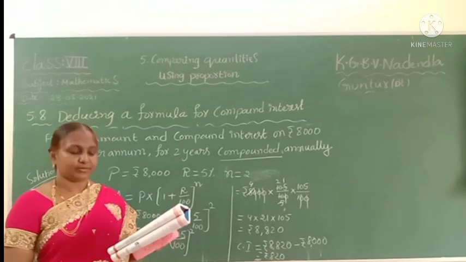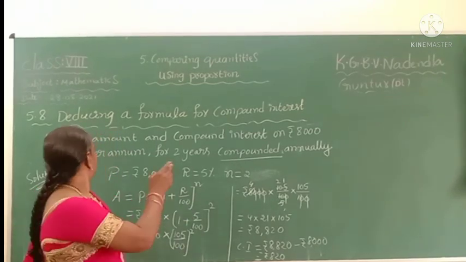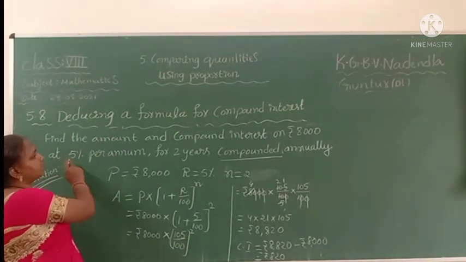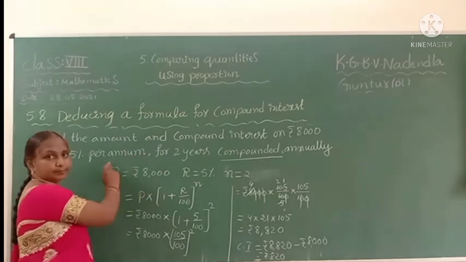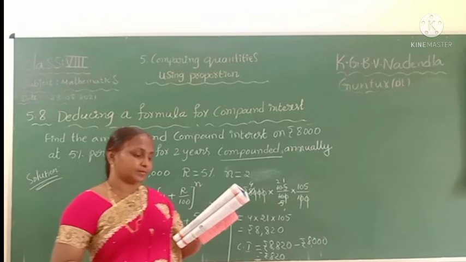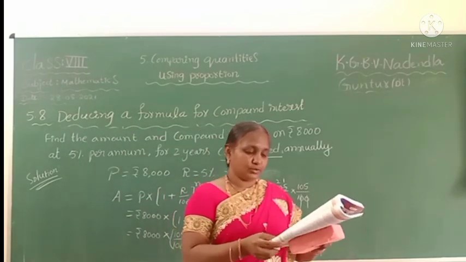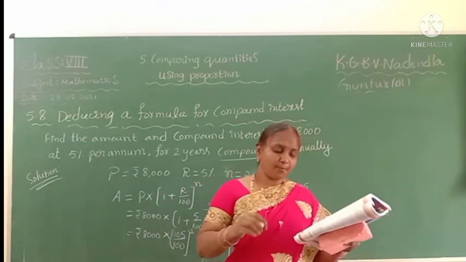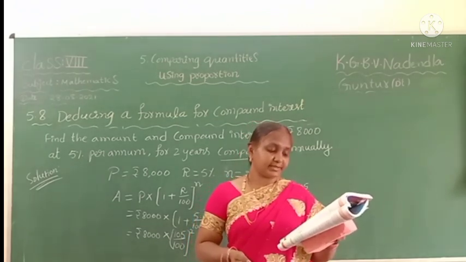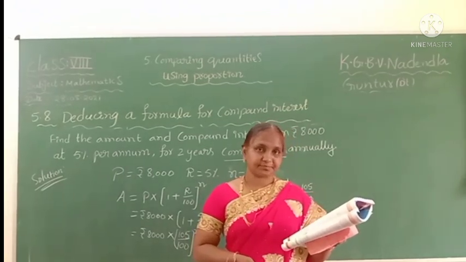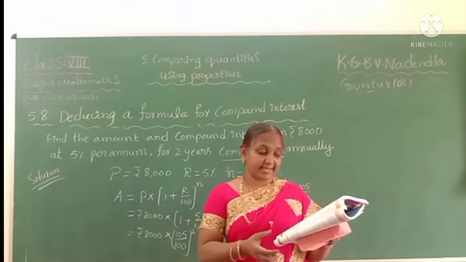As compound interest. Here, listen, 5% compound interest on 8,000 rupees per annum. Okay. We are using the word compounded annually. Does it have any significance? Yes, it has.